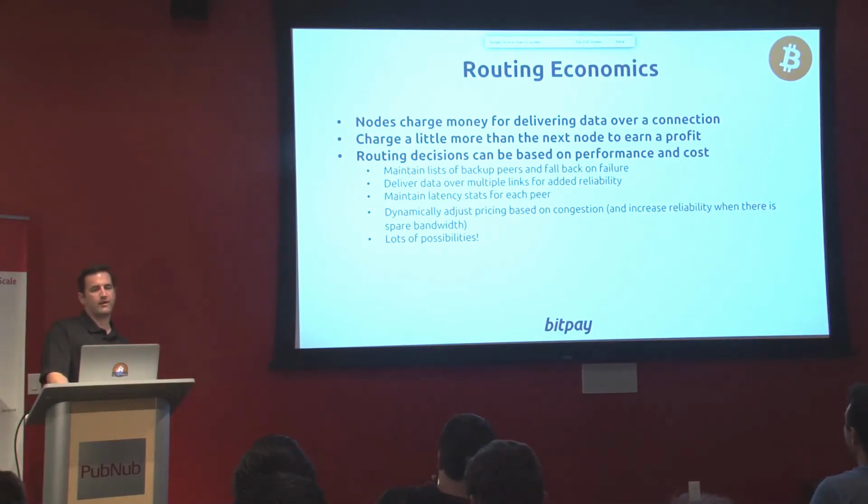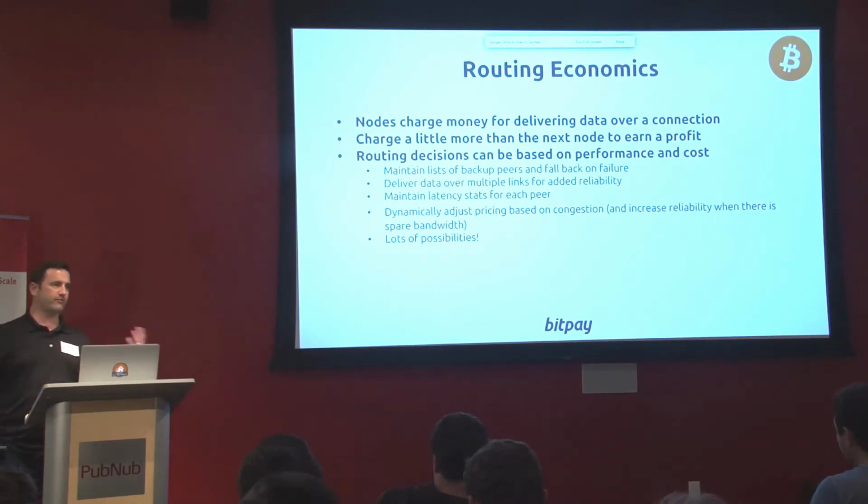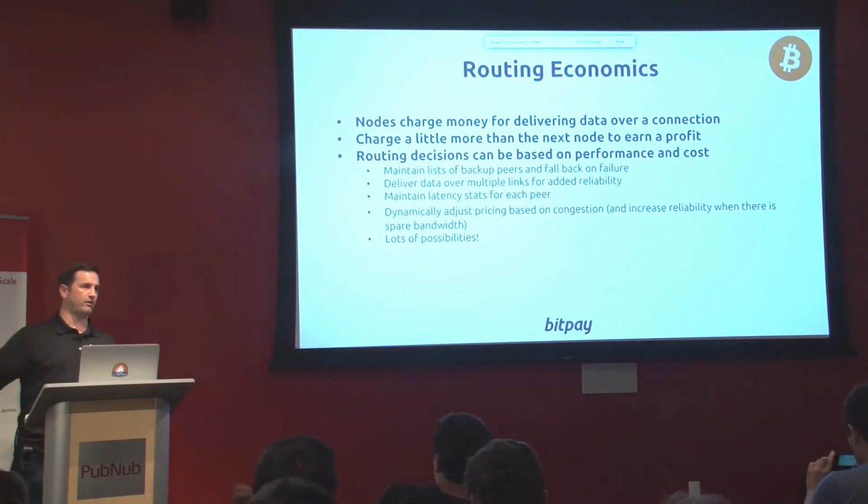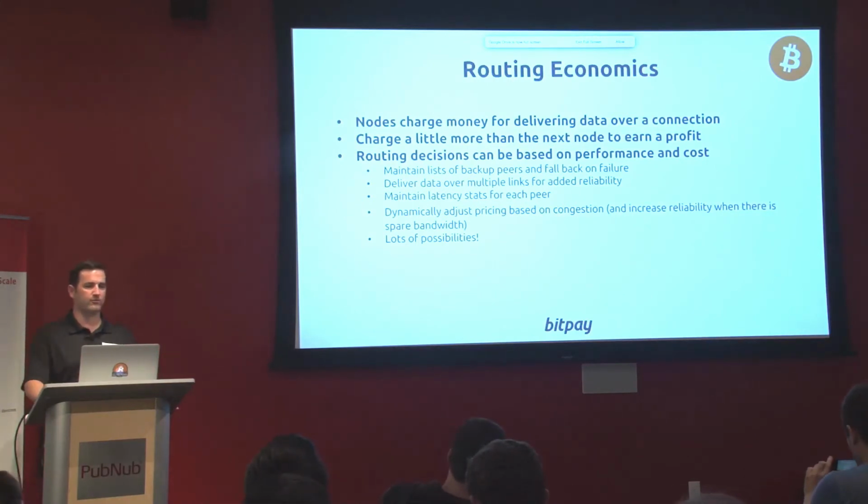All right, so the routing economics. Routing is where you're sitting in the middle of some connection and you're receiving data on the one end and forwarding it on to the destination on the other end. So the idea here is that nodes would charge money for delivering data over that connection.